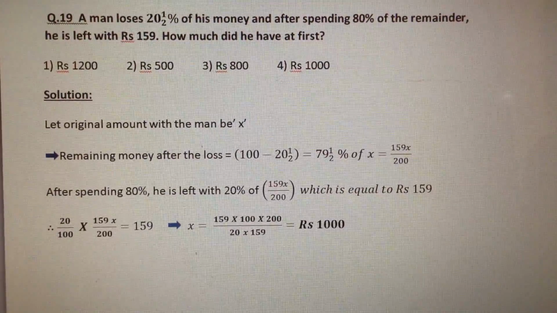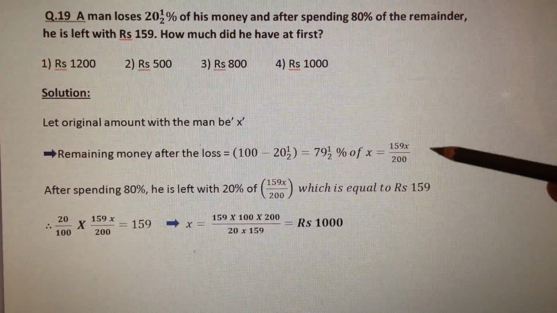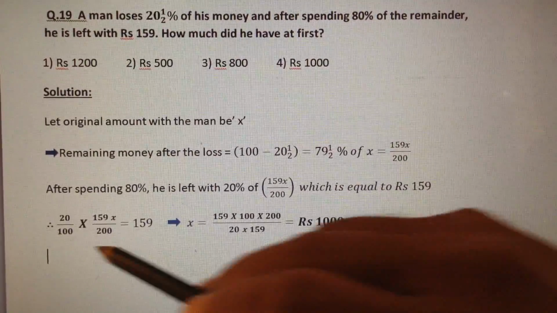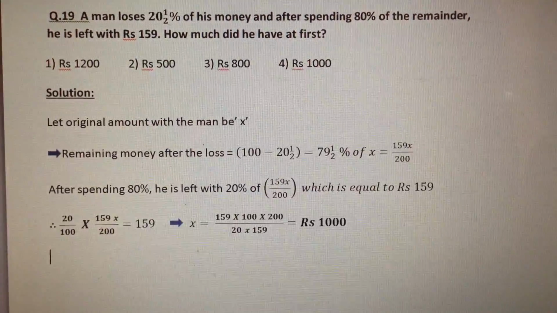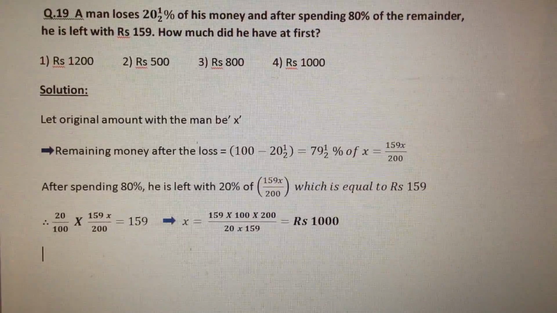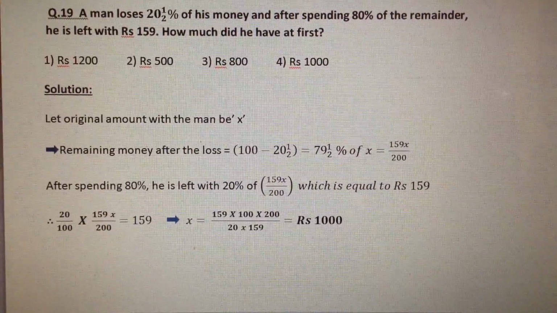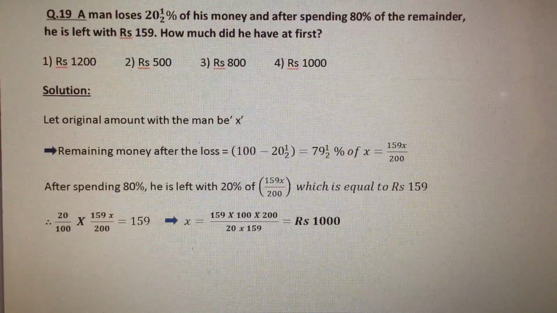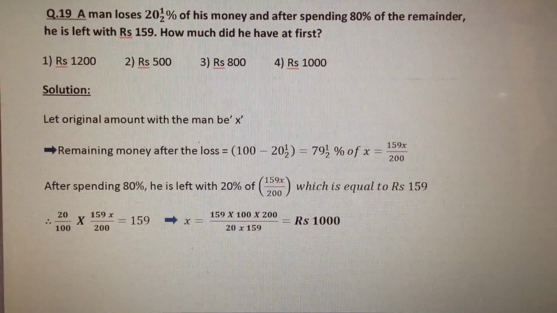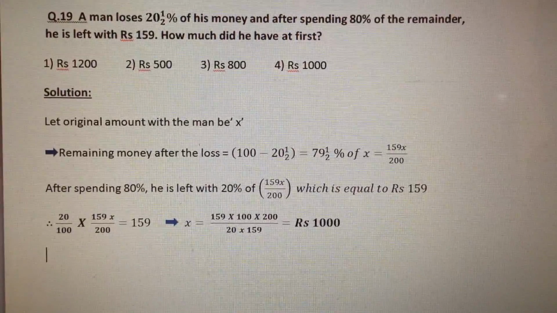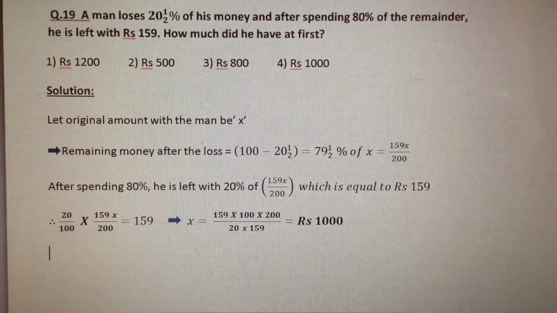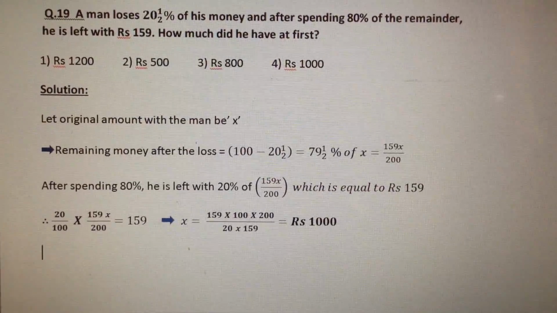That means 20 by 100 into 159x by 200 is equal to 159. Therefore x is equal to 159 into 100 into 200 by 20 into 159, which is equal to rupees 1000. So our answer is option number 4.